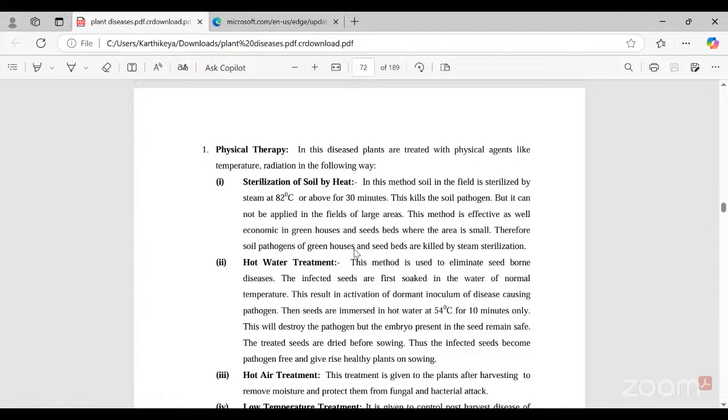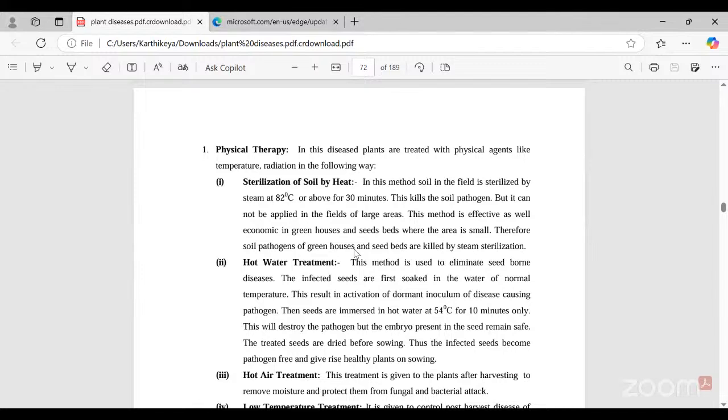Physical therapeutic: in this, diseased plants are treated with physical agents like temperature and radiation, in the following ways. Sterilization of soil by heat: in this method, soil in the field is sterilized by steam at 82 degrees centigrade or above for 30 minutes.